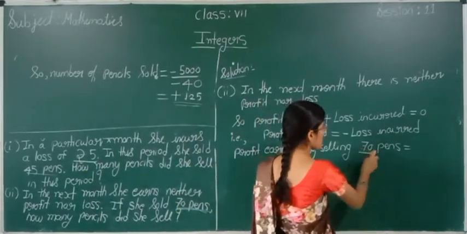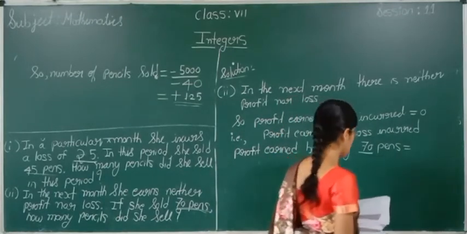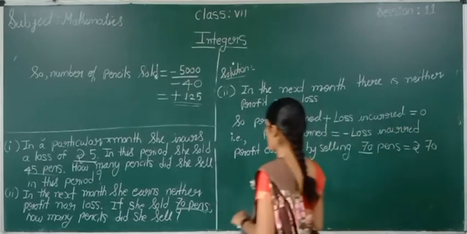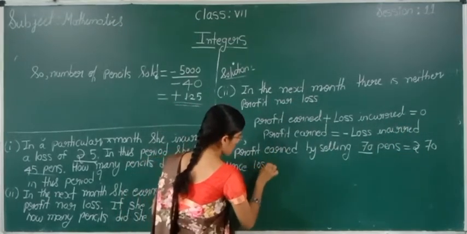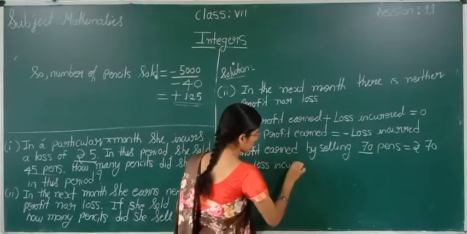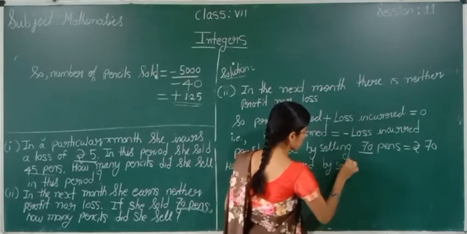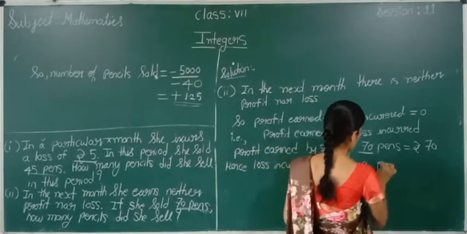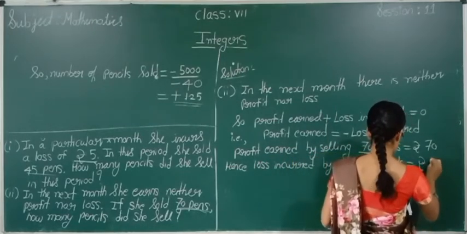For 70 pens, the shopkeeper gets a profit of ₹70. Say, hence loss incurred by selling pencils, we don't know how much loss. Loss incurred by selling pencils is equal to ₹70.